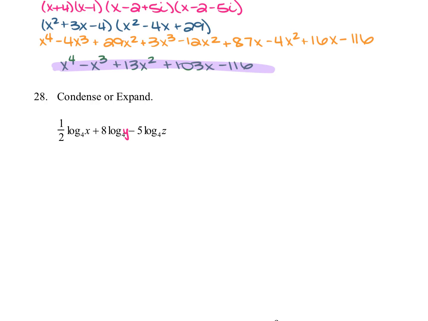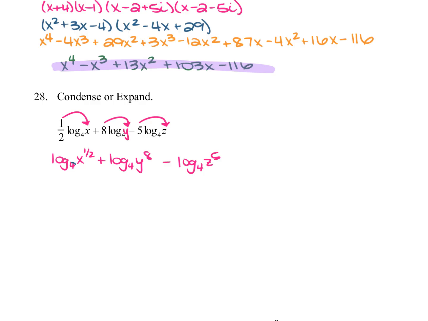So first thing we're going to do, any powers that are in front, we're going to move those to be the powers on the term that it's attached to. So it's going to give us log 4 of x to the 1/2 power plus log 4 of y to the 8th minus log 4 of z to the 5th.